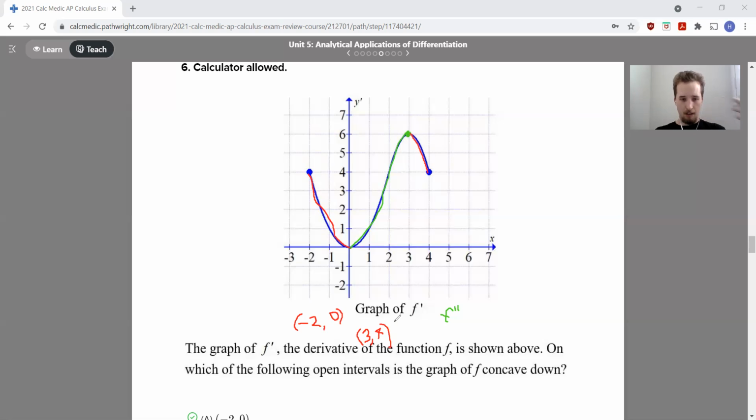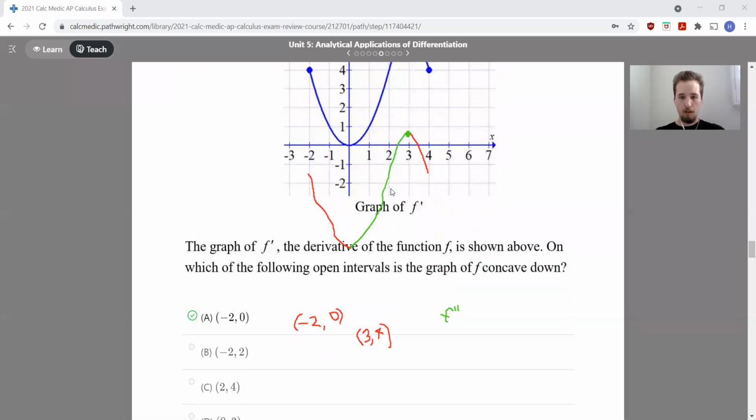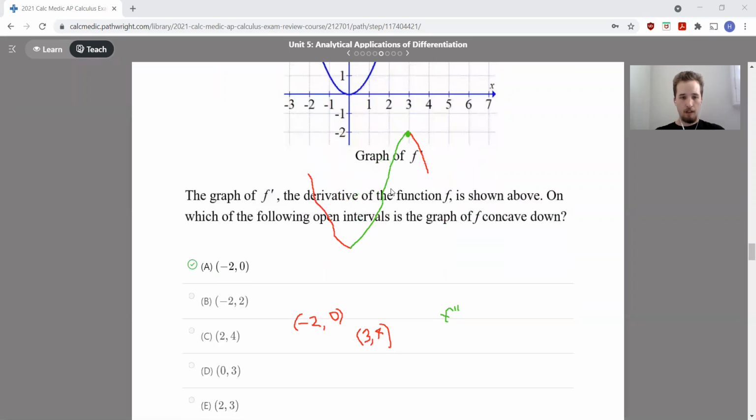And so that is where the graph is going to be concave down. A includes -2, 0, and is the only answer to do so. None of the answers include this one, so the most correct answer is A.